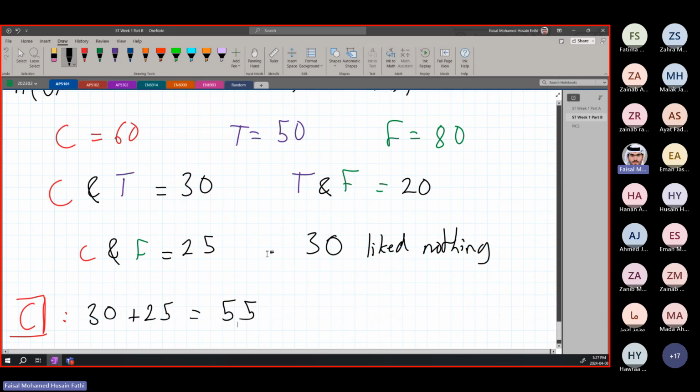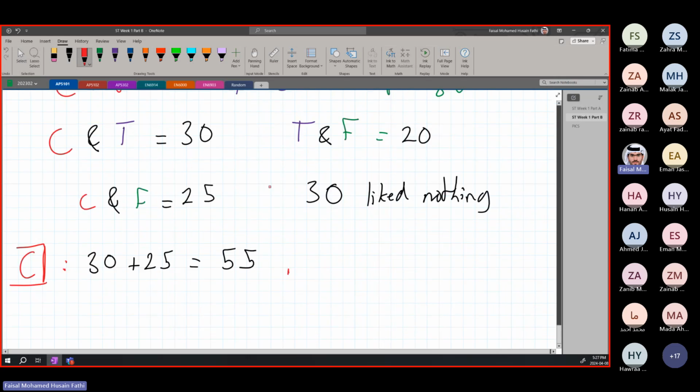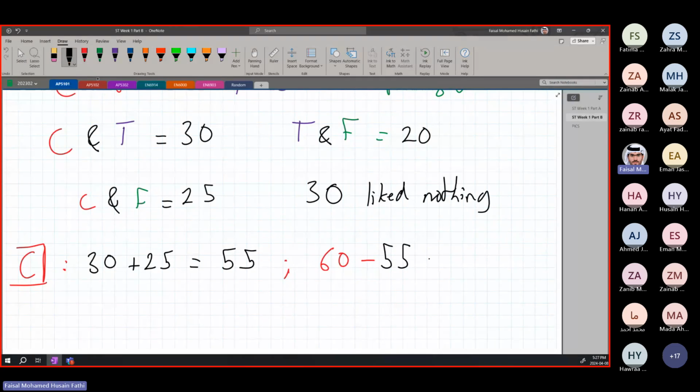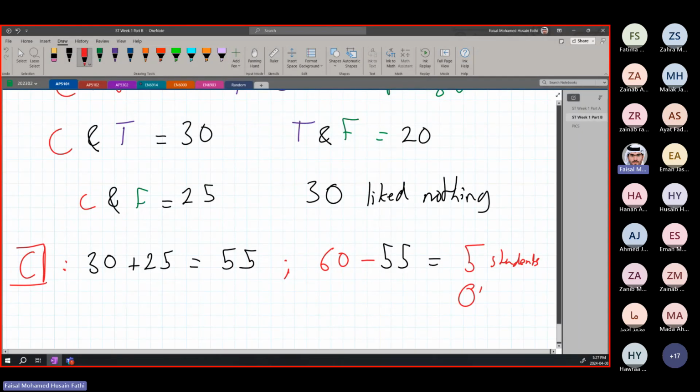So 55 students that love cricket love other sports. How many are left from the 60? 60 minus 55 equals 5 students that only like cricket.